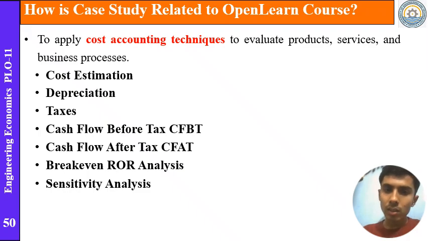Right after calculating the cash flow before tax and cash flow after tax, I picked up the cash flow after tax table values and performed the break-even rate of return analysis.